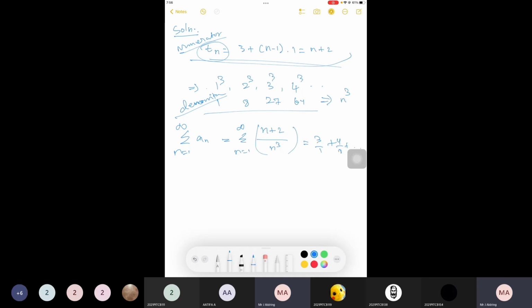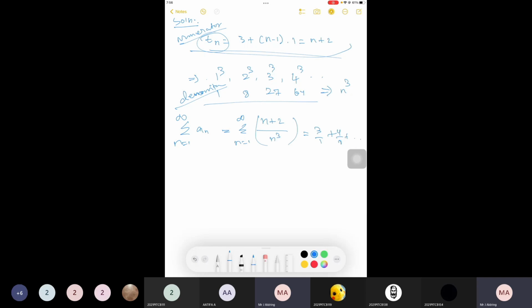The highest degree of n in the numerator is 1 and in the denominator is 3. Then we can consider Vn equal to 1 by n to the power 3 minus 1, equal to 1 by n square.